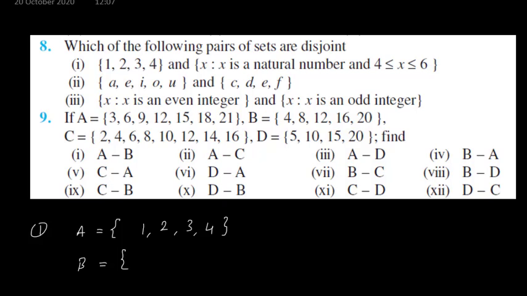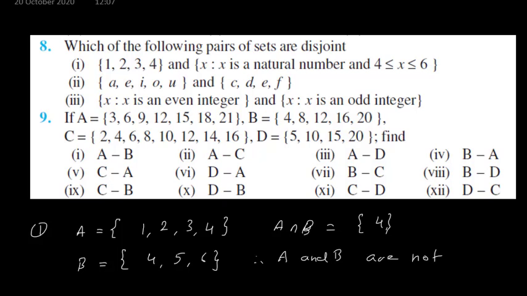So 4 will include, 5 will include and 6 will include. Now we have to see the pair of disjoint set. Here if I take A intersection B, then A intersection B, I am getting 4 common. So therefore here A and B are not disjoint sets.